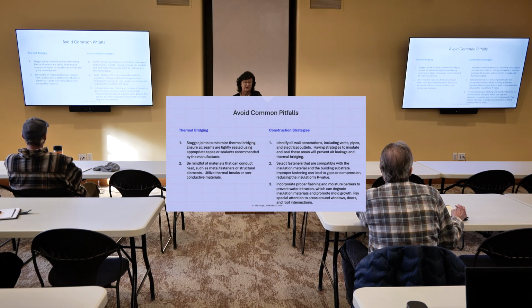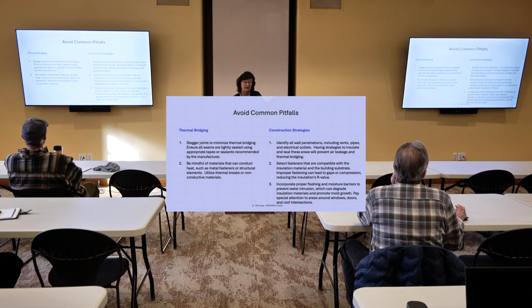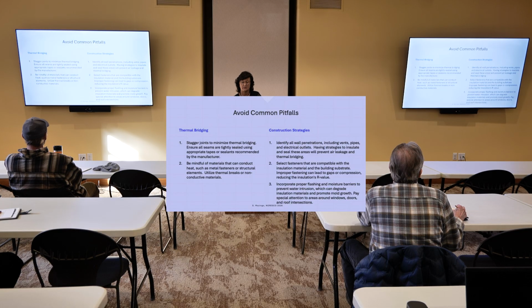Be mindful of materials that conduct heat, such as metal fasteners and structural elements, so that we're dealing with the thermal breaks, which is our next section. Make sure you're identifying all those wall penetrations, the plumbing, all of the stuff, and that it's getting sealed up as well. Make sure you select fasteners that are compatible with the insulation and incorporate proper flashing and moisture barriers.